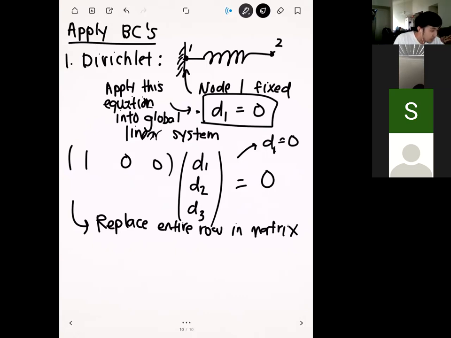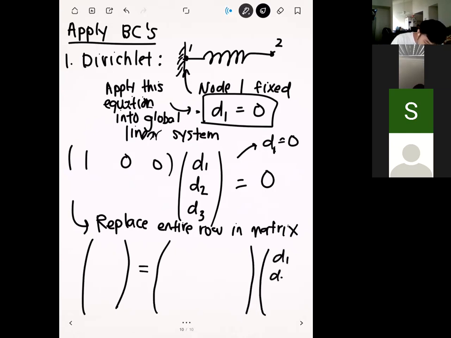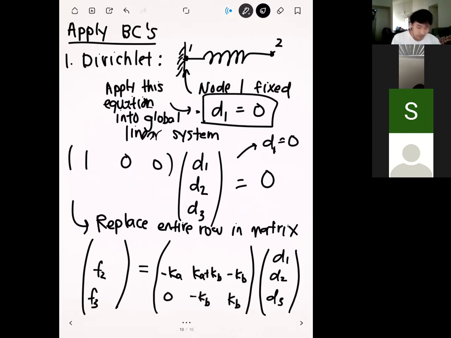Okay. So let's go ahead and do that. Okay. So let me redraw our entire 3x3 system. Okay. And then let me draw the other two rows. Okay.